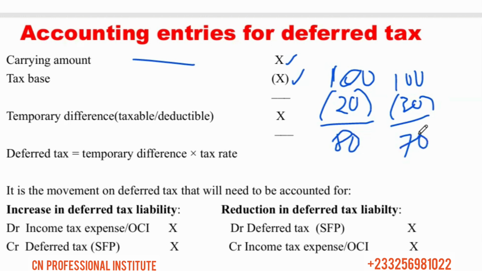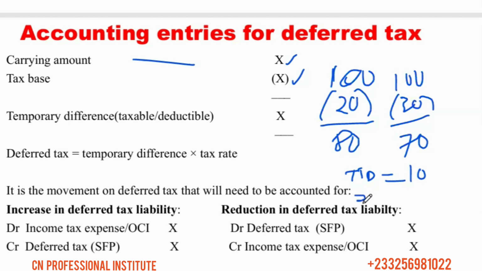So the carrying value of the asset is bigger than the tax base, and we have a taxable temporary difference of 10,000. What you do is you apply the tax rate on the 10,000.